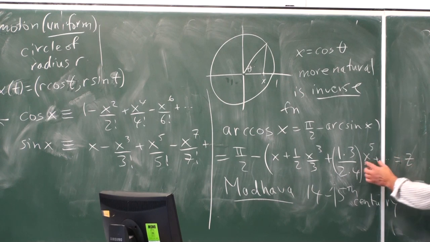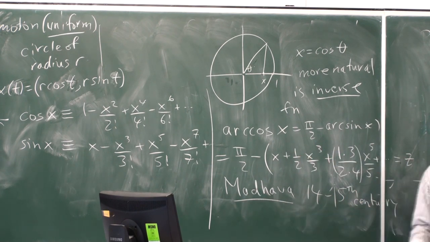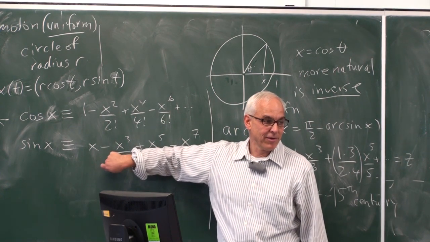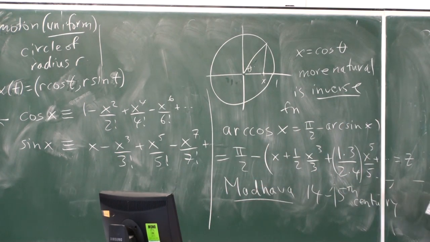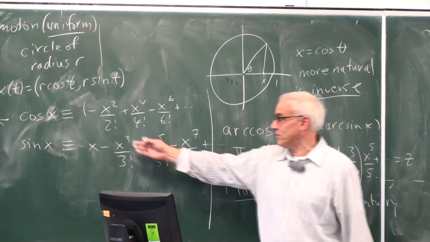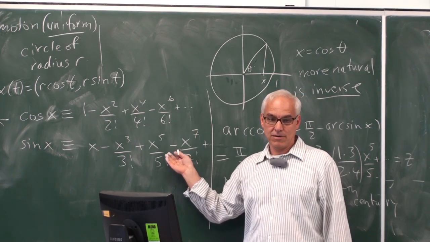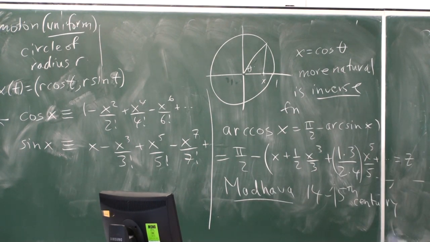If you let x be an unknown power series in z with undetermined coefficients, you can plug it in, expand everything out, compare coefficients, and one by one you can find the various coefficients. And Newton would have been amazed that from this rather complicated formula, doing all this work inverting it, miraculously you end up with this relatively simple and beautiful formula for the cosine and the sine. So it's quite opposite to what happens with the tan function, which is worth mentioning.